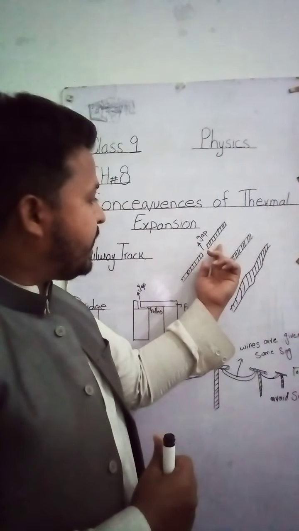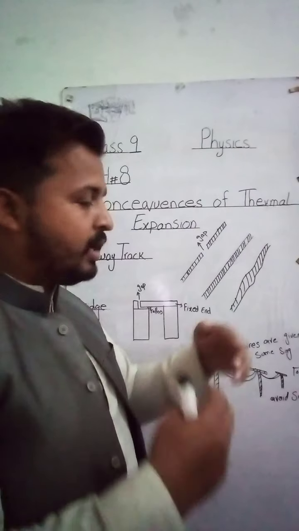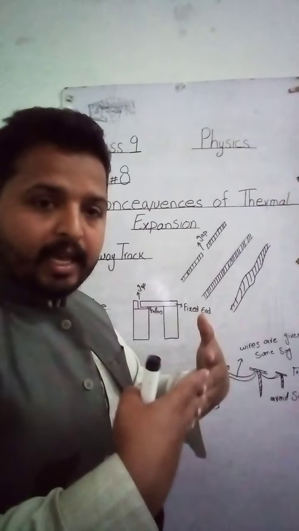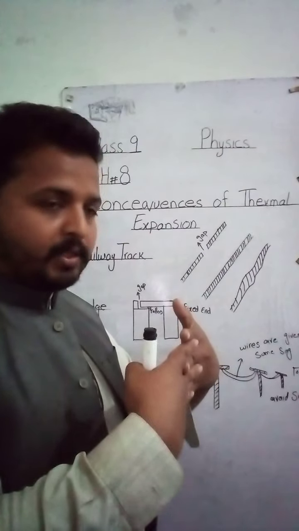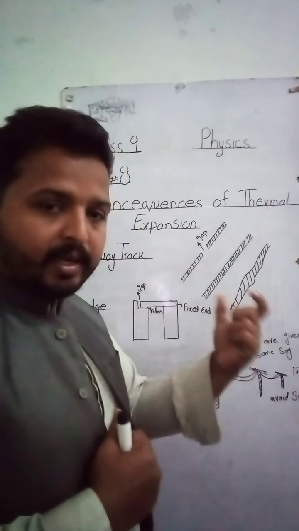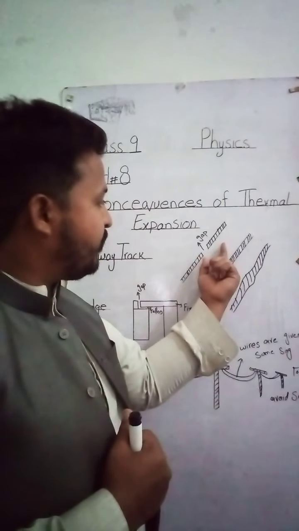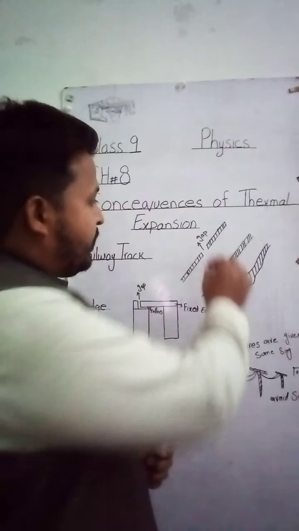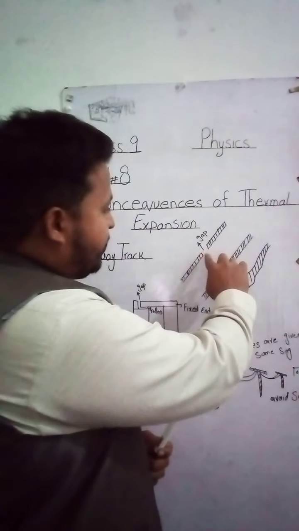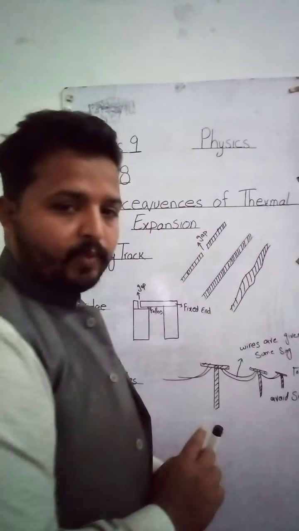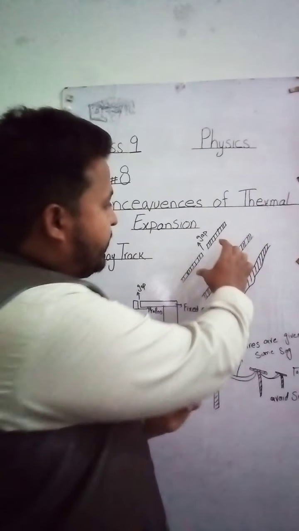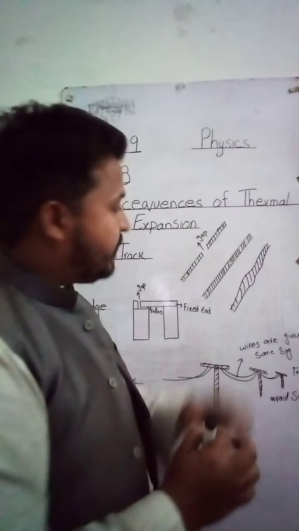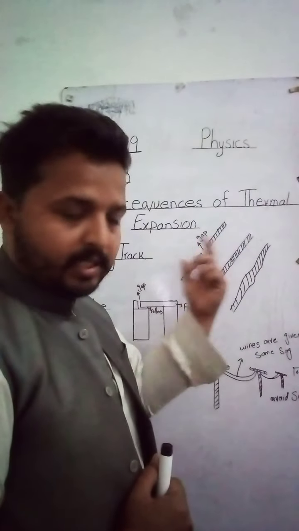So these gaps are left because when metal expands in summer, the expanded portion of the railway track covers the gap. In this way the gap is occupied by the expanded portion.